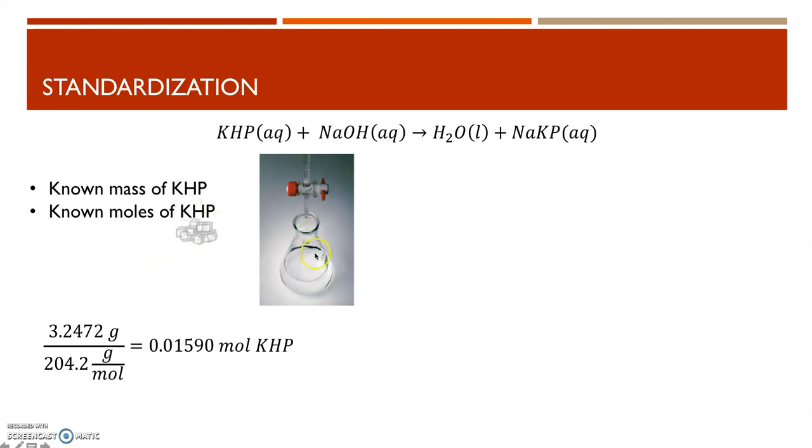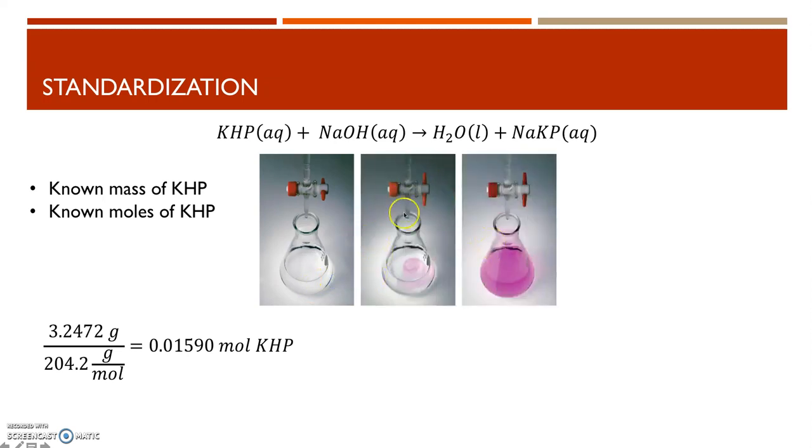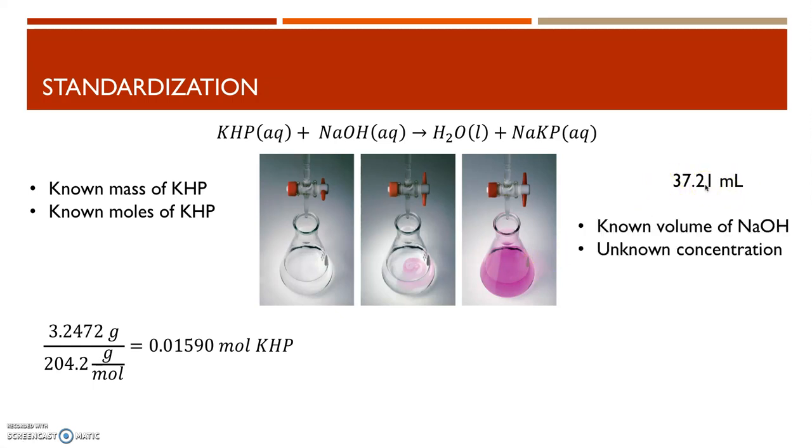And I just dissolve that into water in my flask. That's going to be my analyte. Okay, I'm going to do my titration. I'm going to add my sodium hydroxide to a certain volume until I get to the end point or the equivalence point. So maybe it took me 37 milliliters to get to my end point.